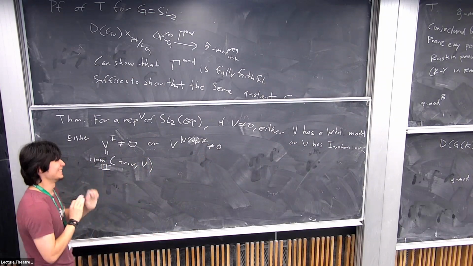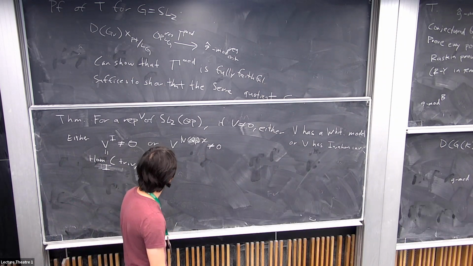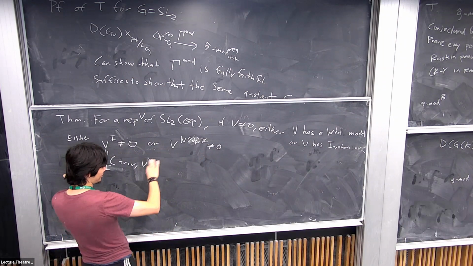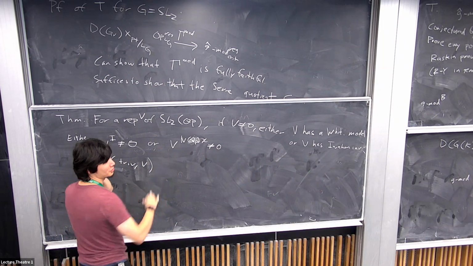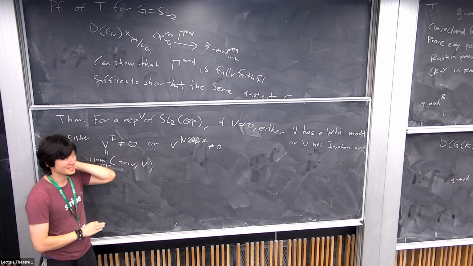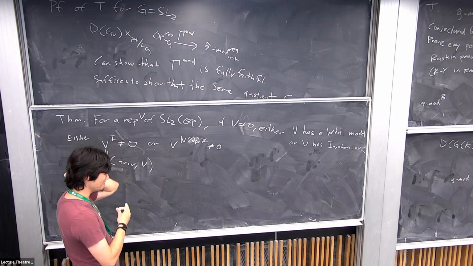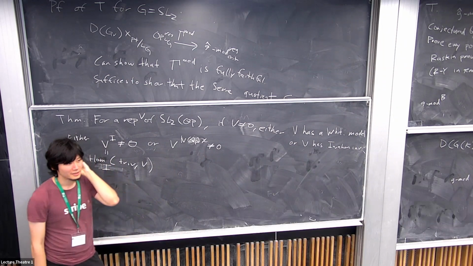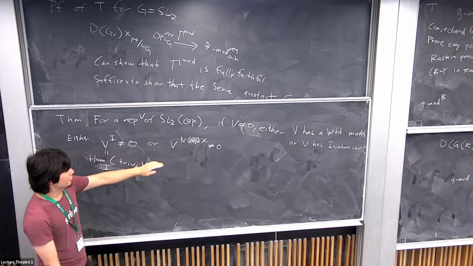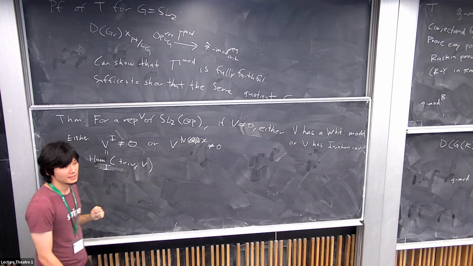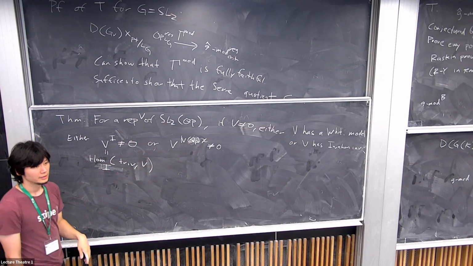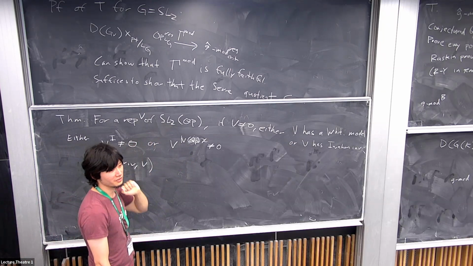Yes, but I'm going to avoid worrying about that. In number theory, you want to talk about this as a functional on V. For us, the difference between invariance and covariance is less big, so I'm not going to worry about it. But properly speaking, this should be co-invariant. This is the theorem for any representation of SL2 of QP.